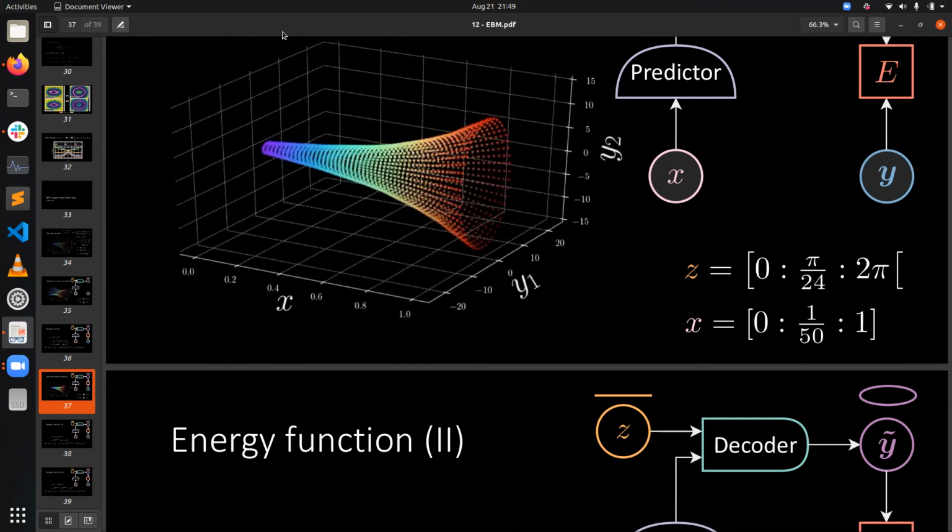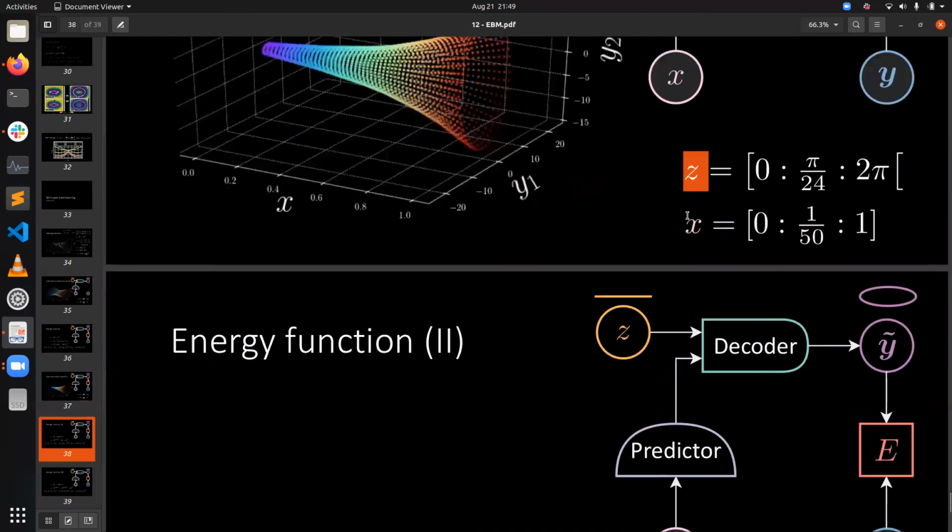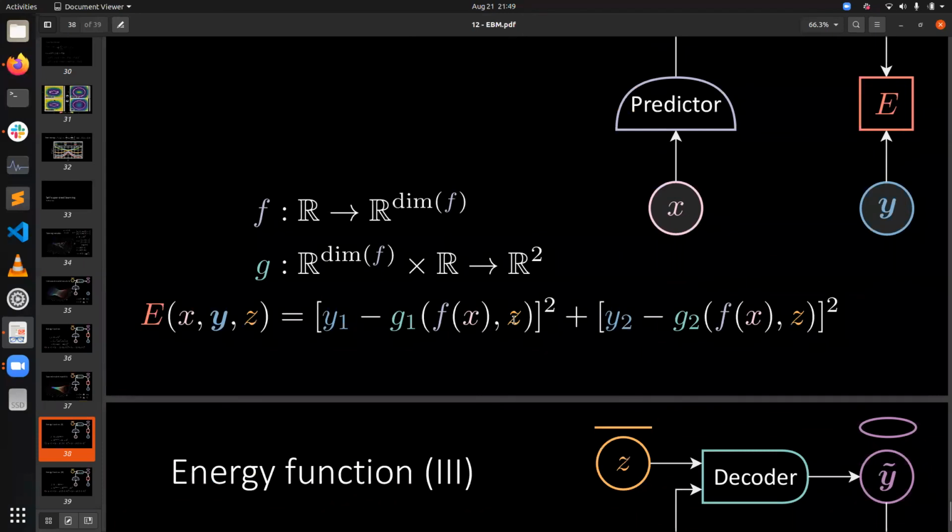It's actually even simpler. It's just a simple line, 0 to 2 pi. Z is varying from 0 to 2 pi, and we know exactly what to do with that z. We just multiply it with this f of x, because we know that will give us the ellipse, and we already knew that's what we want.